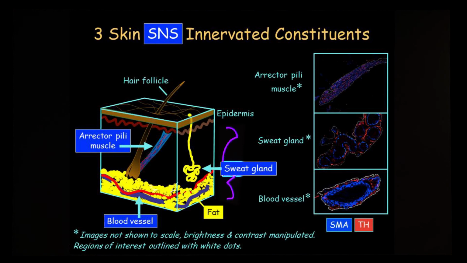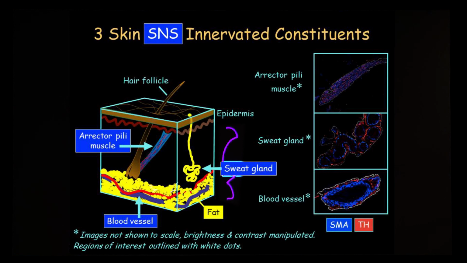You have blood vessels that have sympathetic noradrenergic nerves. That's why the Valsalva maneuver, for instance, works in terms of blood pressure responses. And although I've taught that sweat glands receive sympathetic cholinergic innervation, they also receive sympathetic noradrenergic innervation, and you can see that here. This red is tyrosine hydroxylase. It's the rate-limiting enzyme in norepinephrine synthesis.